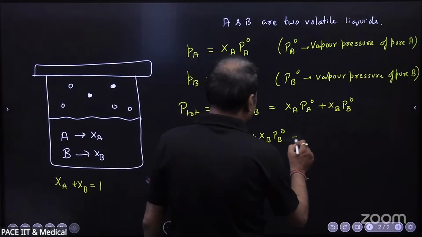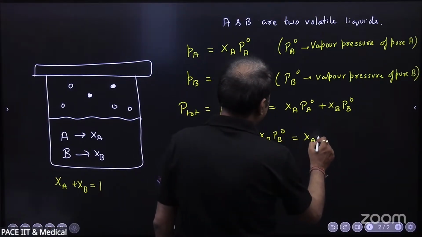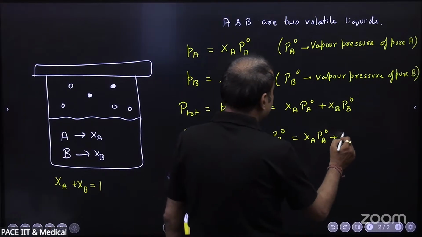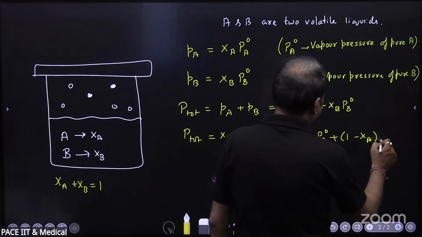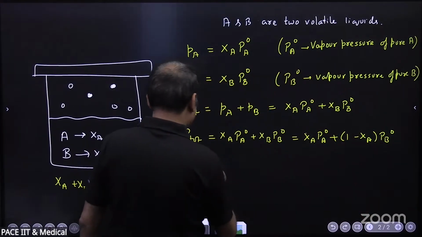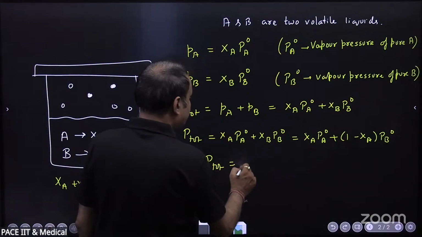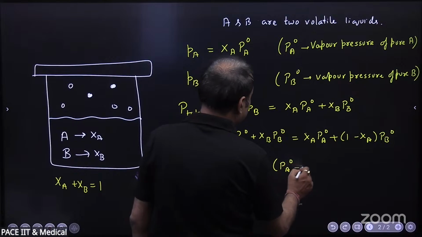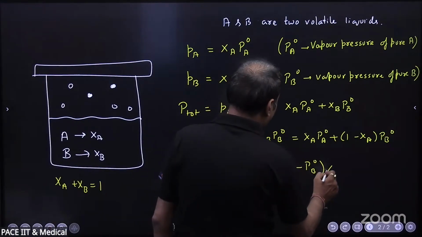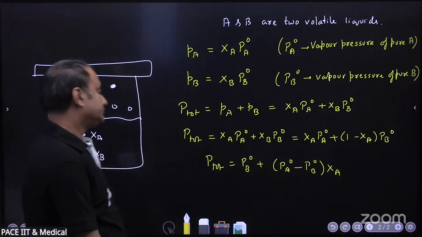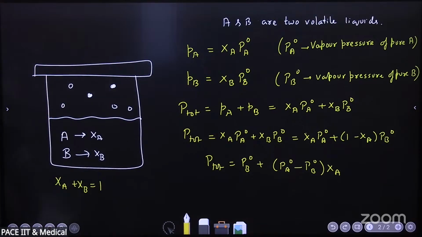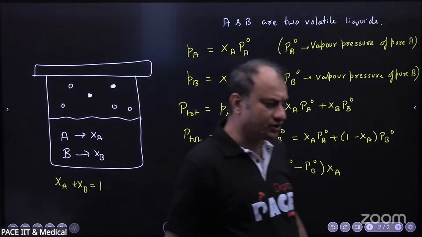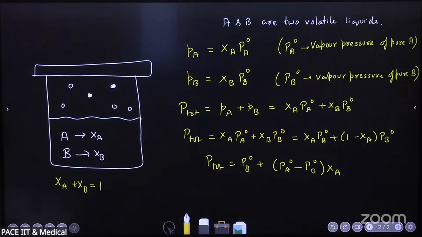I can rearrange and write it also as XA PA0 plus (1 minus XA) PB0. So P total will become PB0 plus (PA0 minus PB0) times XA. So this will be the expression of total pressure over an ideal binary solution.